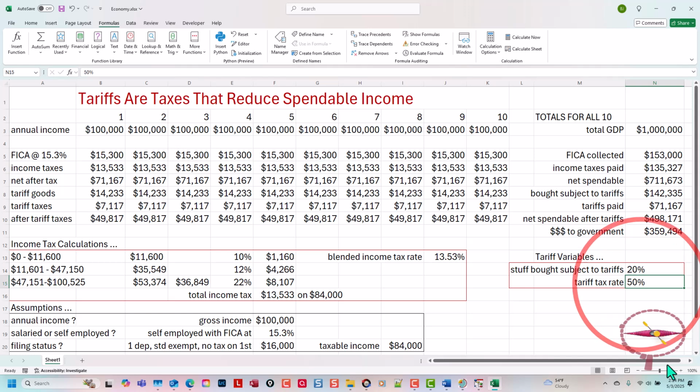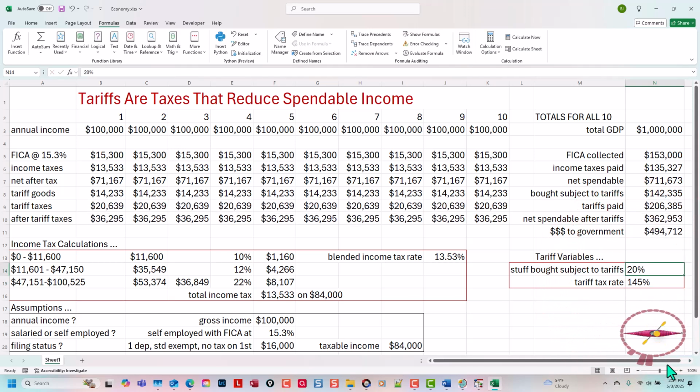We plug in 145%. Again, we assume that we spend 20% of our gross on tariff items. Notice that we're now paying an additional $20,000 and change in tariff taxes, leaving us only $36,000 and change to spend on other things that aren't subject to tariffs.